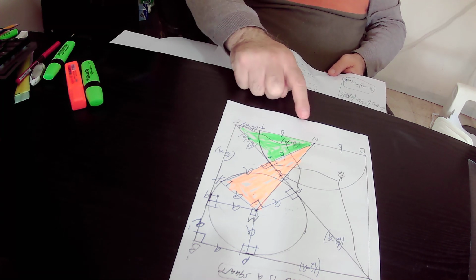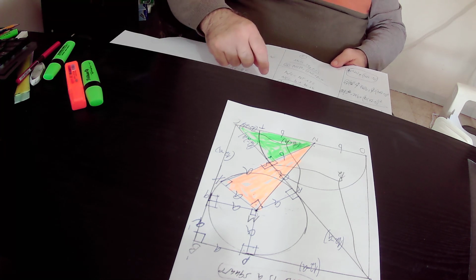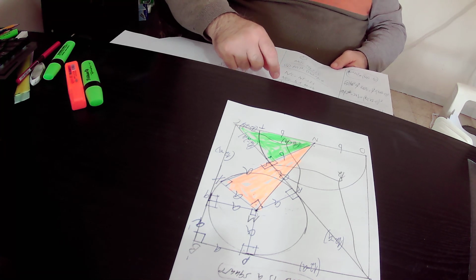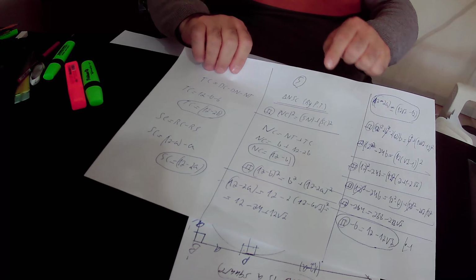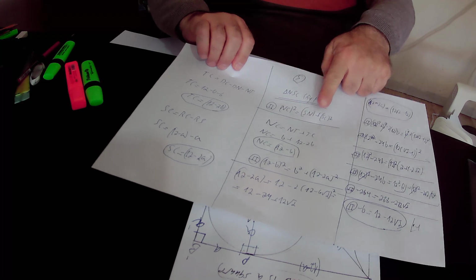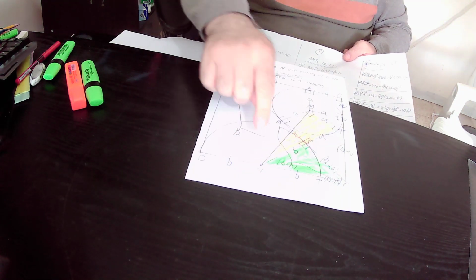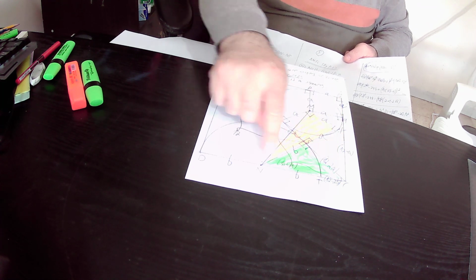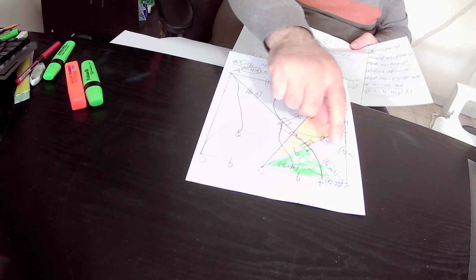The hypotenuse is NC. The hypotenuse NC of the green right triangle equals NT plus TC. NT is B and TC is 12 minus 2B.